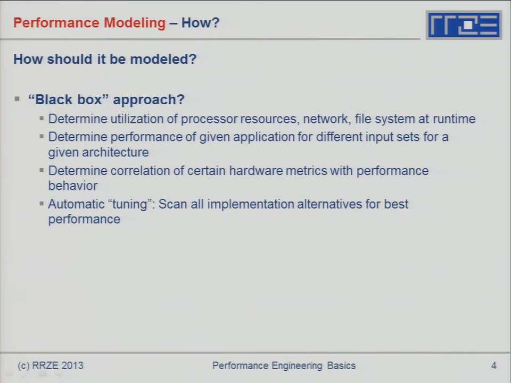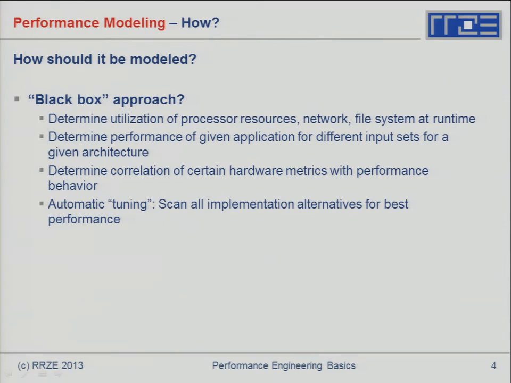I already indicated there are two approaches to do modeling, and we call them the black box and the white box approach. I don't want to bash anything; I just want to say that we're doing the white box approach. The black box approach is, for example, to determine the utilization of processor resources, network, and file systems at runtime. So we monitor the running application.